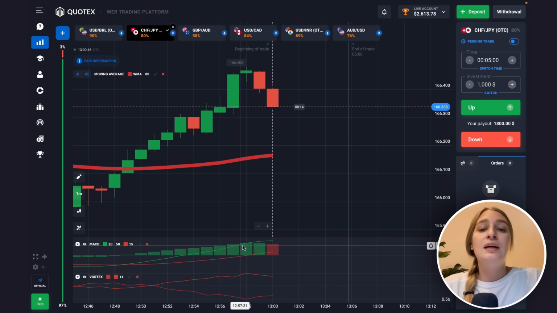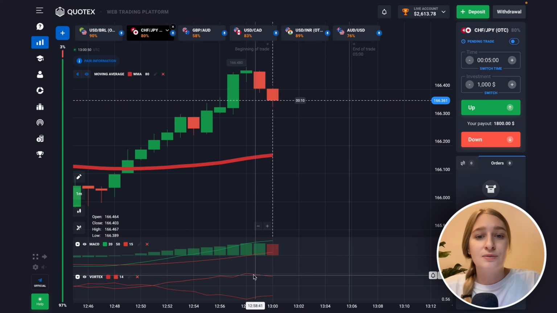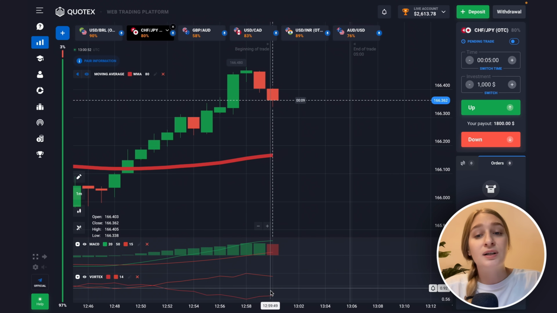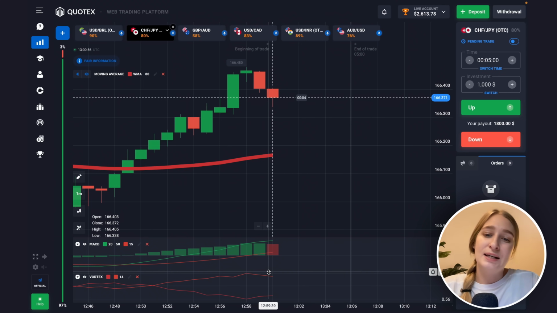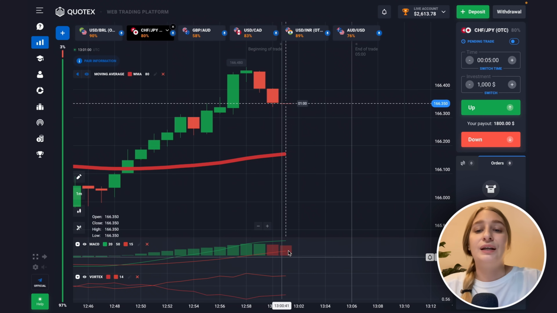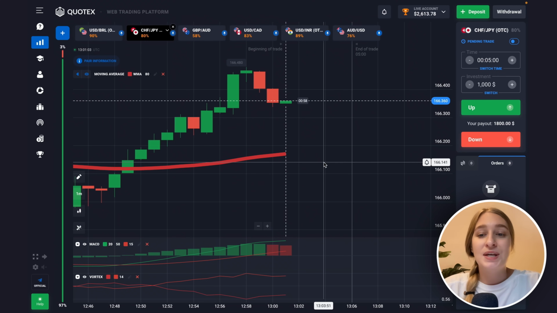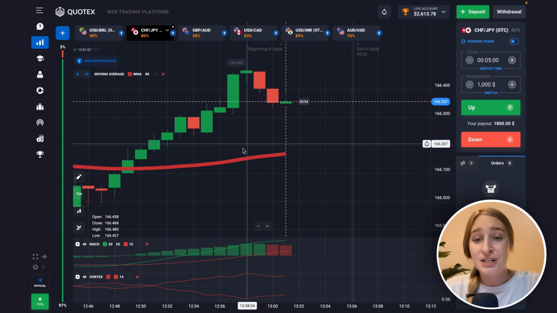Because you see, this is that very story in comparison to the previous one. The MACD showed us the prevailing bullish market. The vortex was going to the outer line, so the corridor. Each line was going to the opposite line. And all the quotations were much above the moving average.